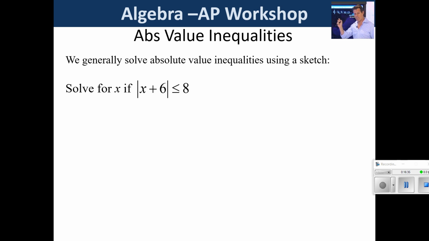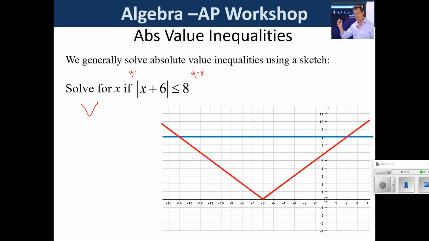If they don't, and for example, they said go and solve this, then you know it is based on a sketch, and you go and draw these two graphs. So I would draw the absolute value of x plus 6, and I know I'm getting this classic kind of V shape. So I've actually got two graphs. I've got y is equal to this absolute value, and y is equal to 8, which is very easy, and that's my horizontal line.